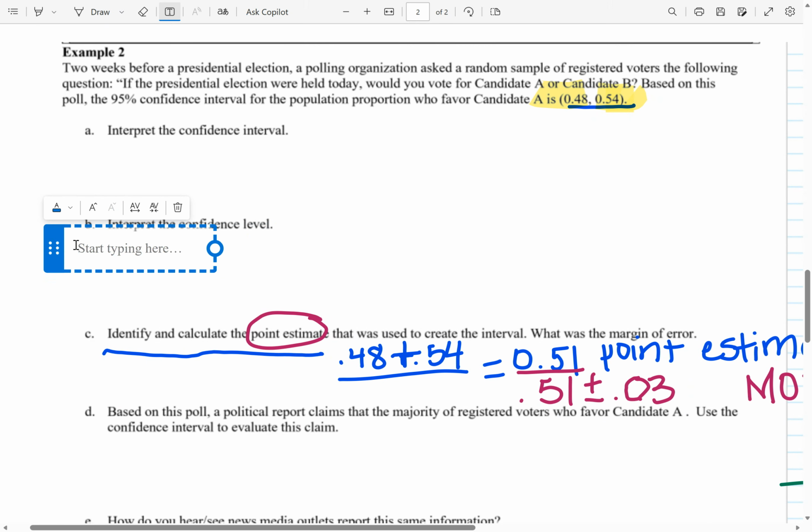So when we interpret the confidence level, we would say, if we were to take many samples, it doesn't say how many, does it?